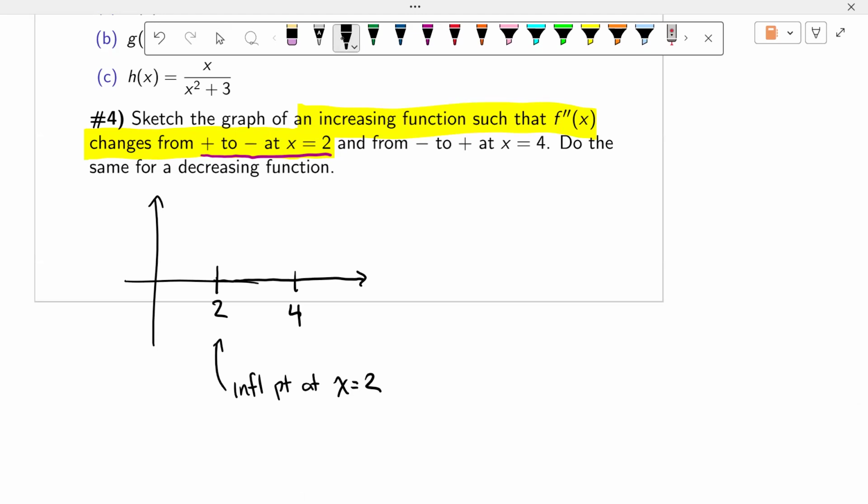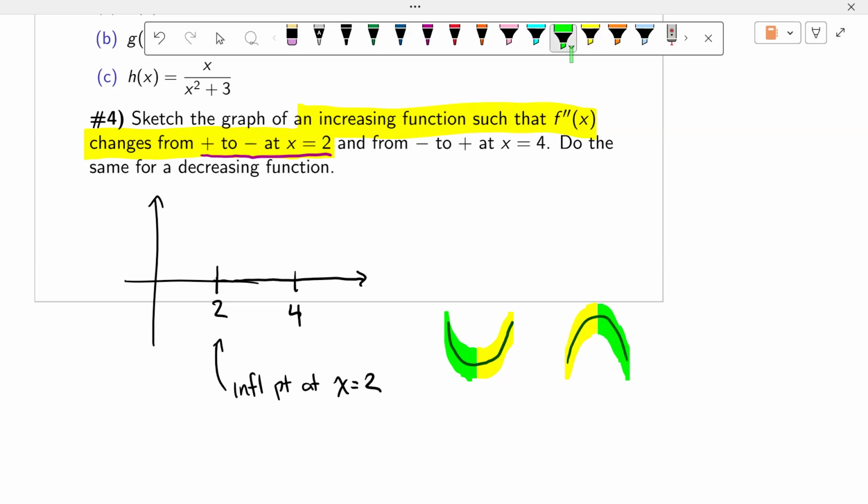All right, and what am I told? I'm told that this is an increasing function. So the concave up shape is this, right? And it has kind of 2 portions. It has an increasing portion and it has a decreasing portion. And the same is true for concave down. It has an increasing portion and a decreasing portion.